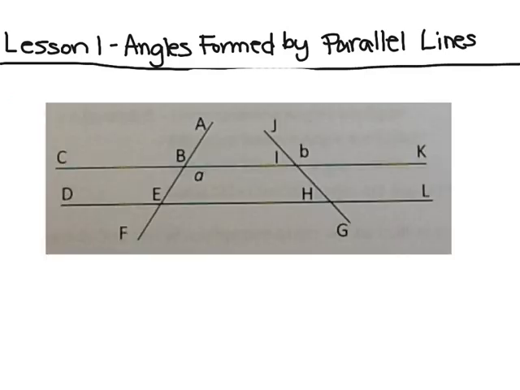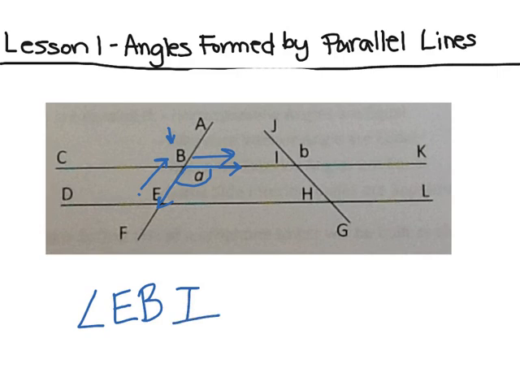When you name angles, you're going to take 3 letters, and the middle one is the vertex, the middle of the angle. So if we're doing angle A, our vertex is B. So we're drawing an angle here. You go from all these points. Start at E, go to B, then you go to I. So angle A is equal to angle EBI. It could also go the other way.